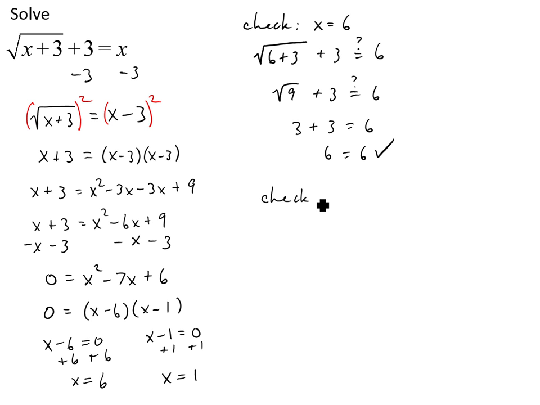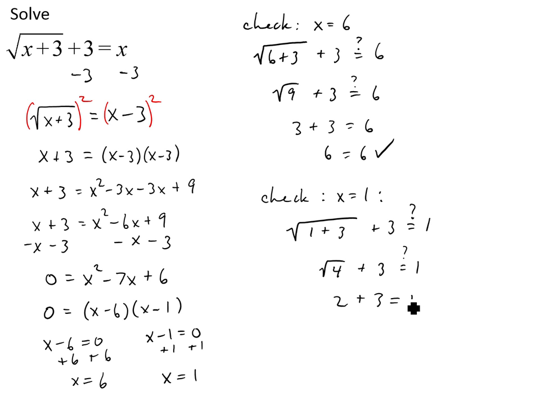Now let's go ahead and check our x equals 1. Replacing x with 1 would give us a square root of 1 plus 3 equals 1. Let's see if we get a true statement here. So this is a square root of 4 plus 3. And that square root of 4 is 2.